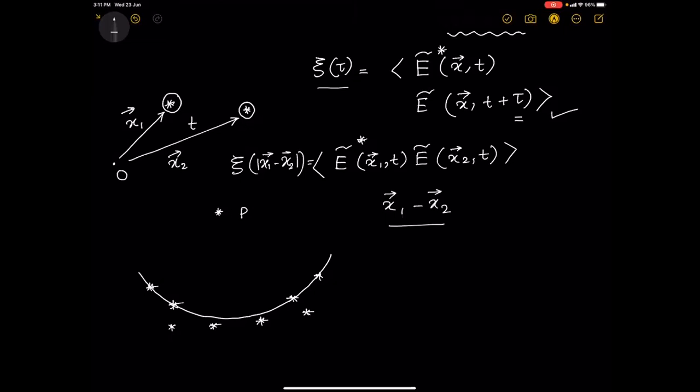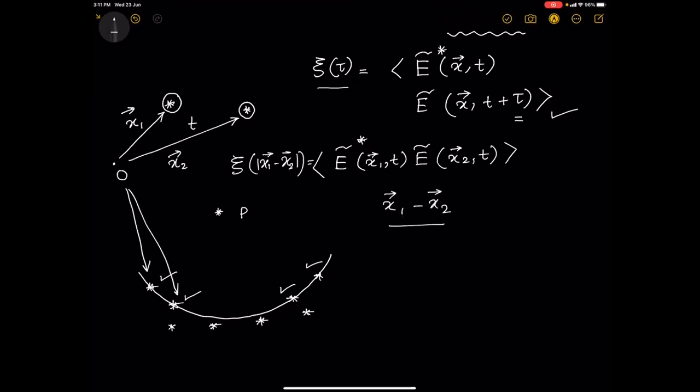So what I will see is that if I correlate the signals coming from these antennas, then they will have absolute correlation, and I will get the property of the signal, which is related to how x1 and x2 are distributed. Remember that x1 and x2 are the vectors telling you the positions of these antennas.